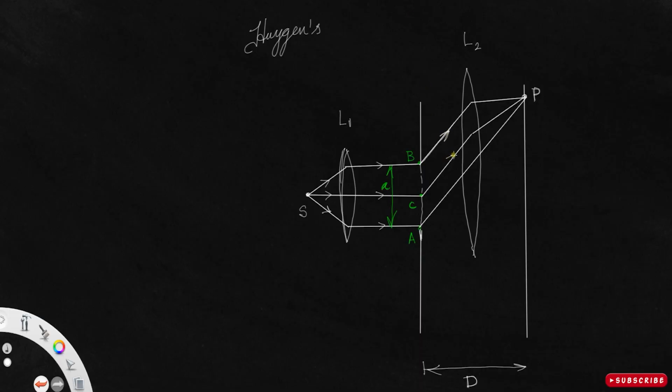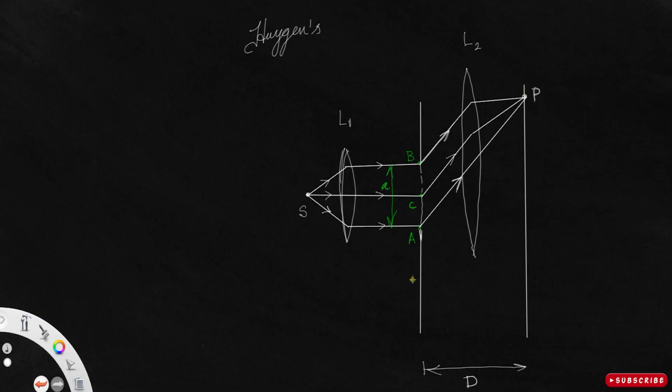You can take any ray, okay? That's not the point. We need to find the path difference between these rays. That's the main thing here. So clearly there is a path difference between the rays BP and AP.